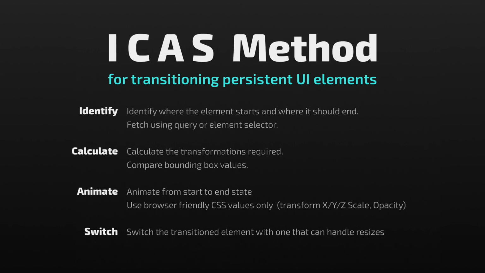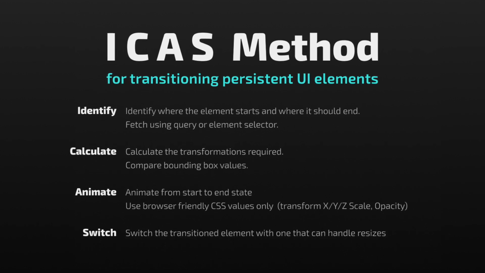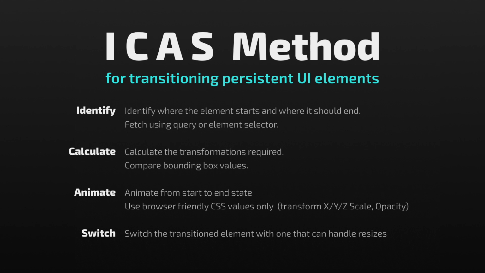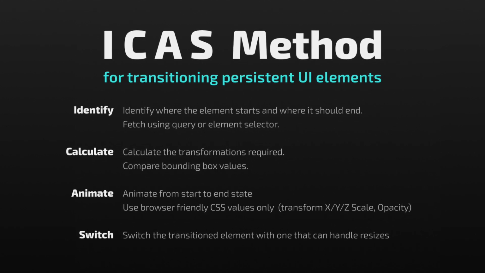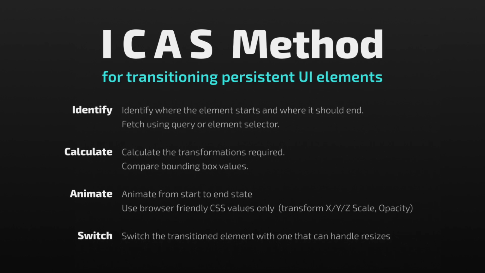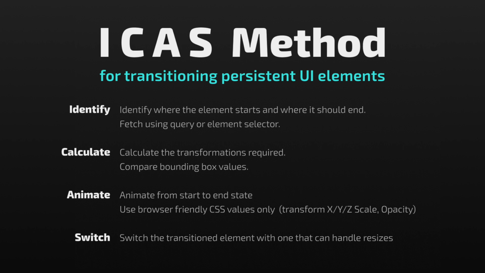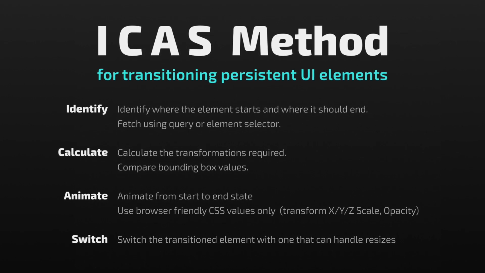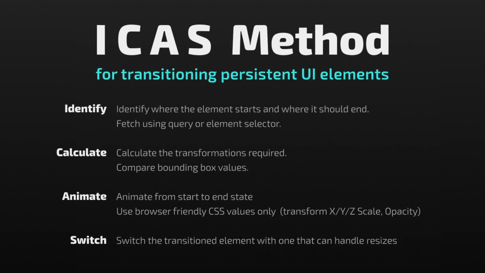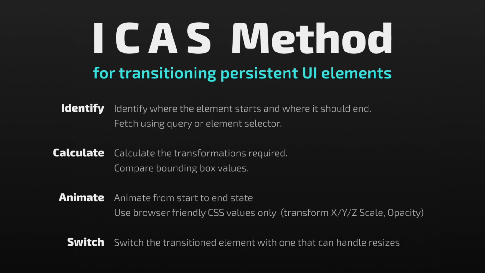I mentioned the ICAS method, so I'm just going to go over that really quickly before we get started and explain the process. So the I stands for identify. We identify where it starts and where it should end. We do this by fetching the elements. We then calculate the transformations required to transition from position A to position B. We do this through comparing the bounding rects.